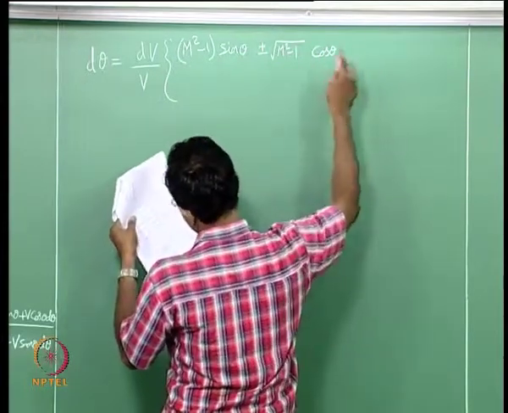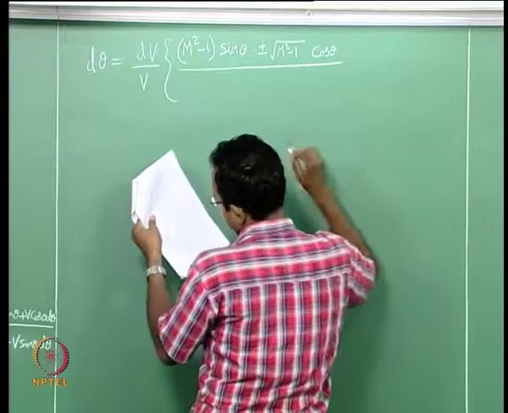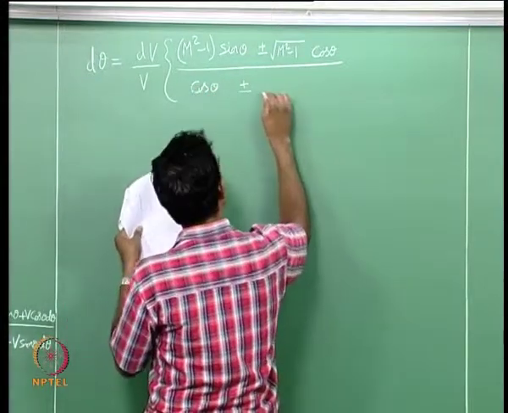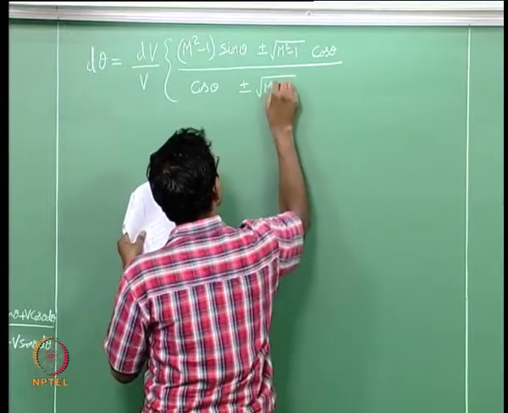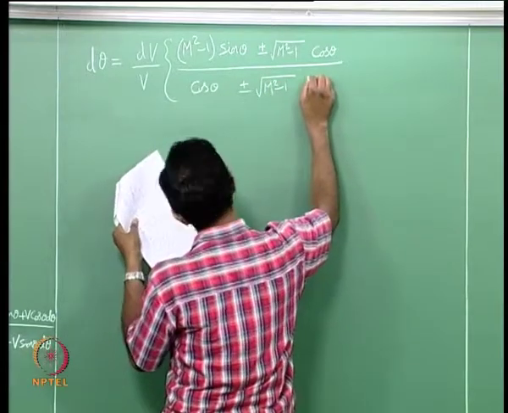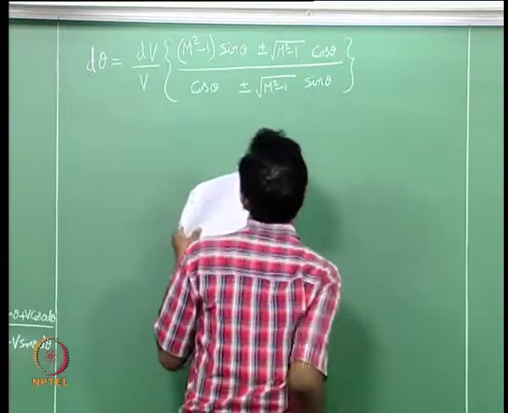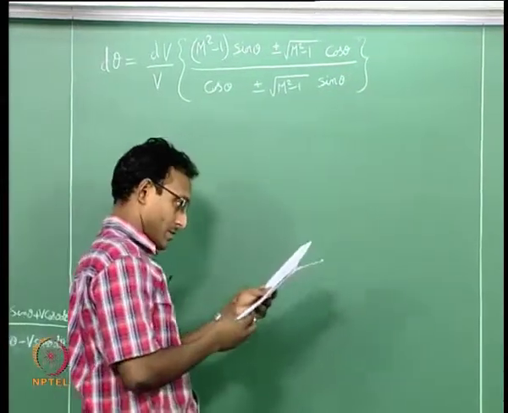Square root is not for cos theta there. Divided by cos theta plus minus square root M square minus 1 sin theta. This is what I will end up with.